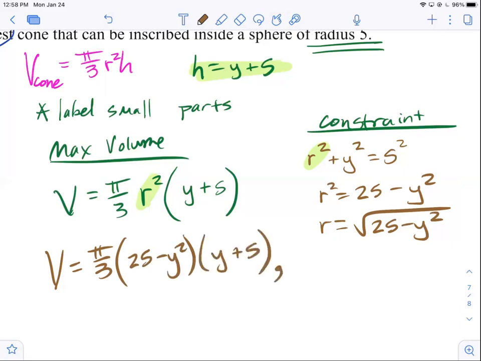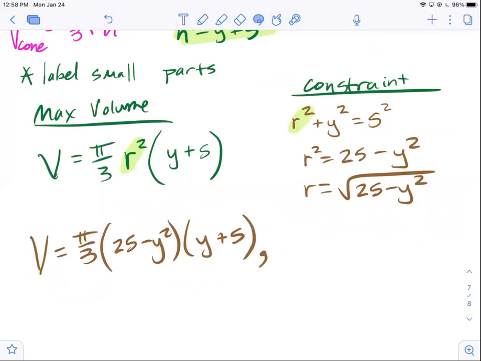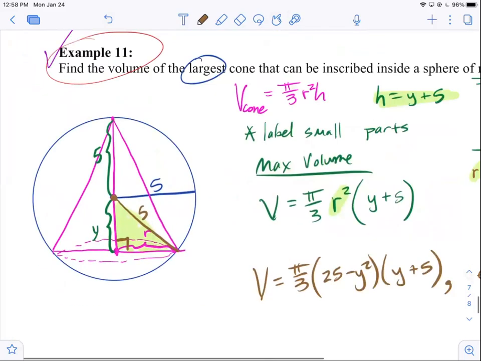And now let's think about the values that y can take on. We should be able to get a lower bound and an upper bound. Remember, y is the directed distance, we say, above or below the center. So what's the smallest y could be? If I retreat back up towards the top, y is going to be a negative number, right?